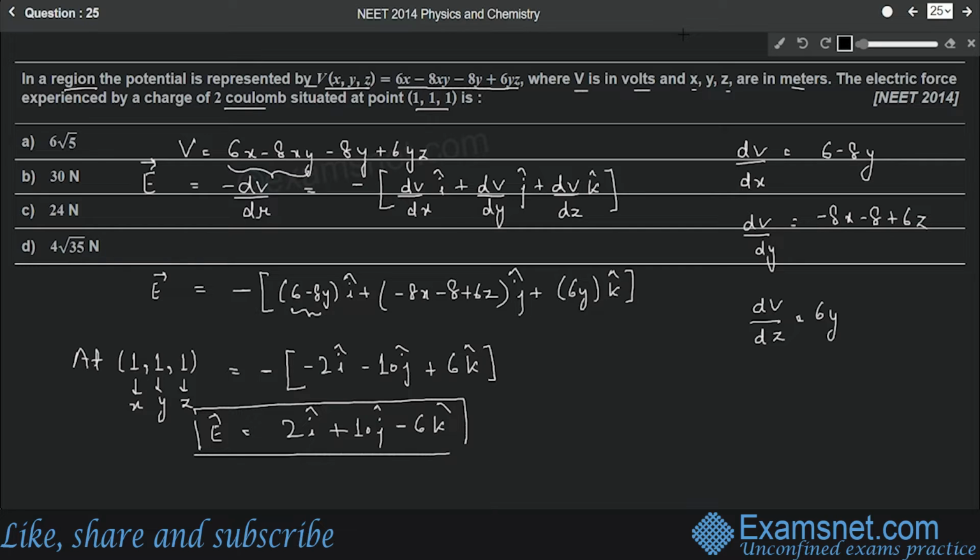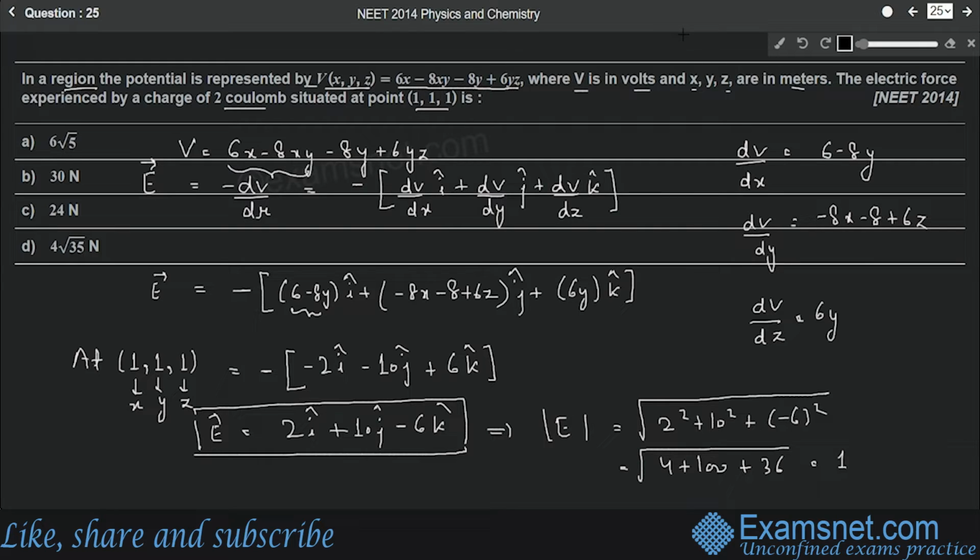Now what will be the magnitude of vector E? That means the magnitude of the electric field will be equal to the root of 2 square plus 10 square plus minus 6 square. Okay, so here 2 square is 4, 10 square is 100, and minus 6 square is 36. So under root 140, and that can be written as 2 root 35.